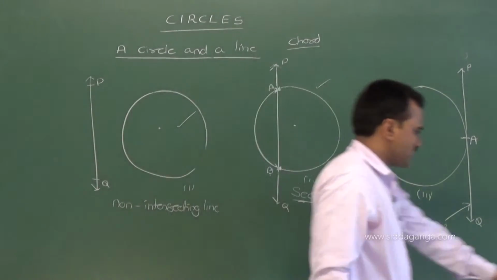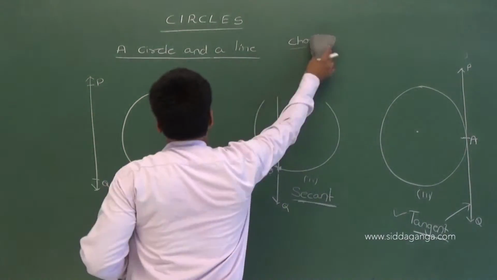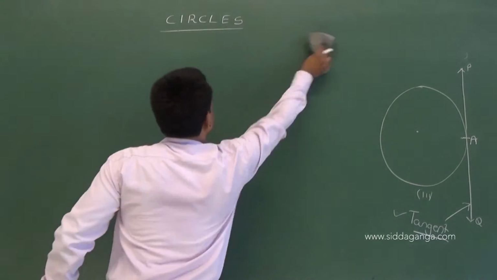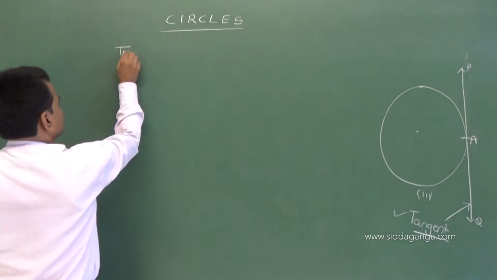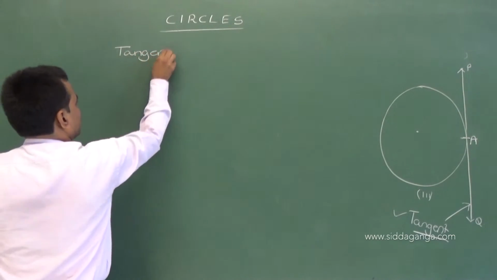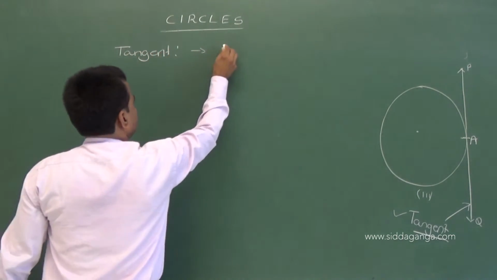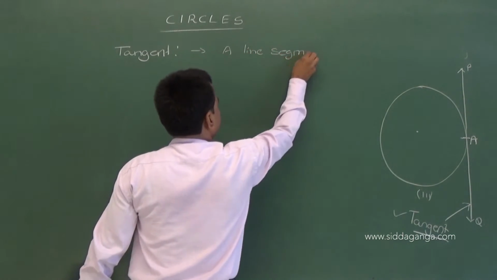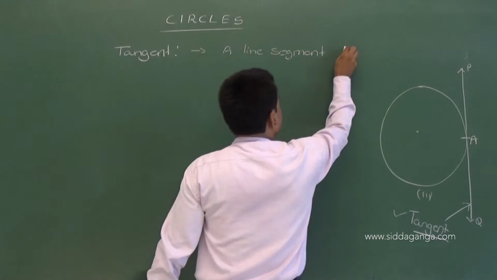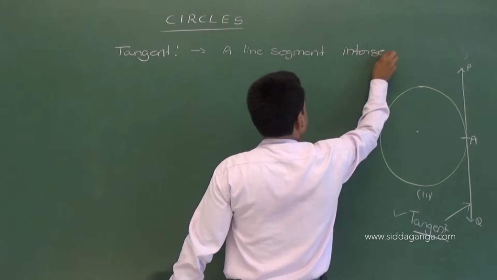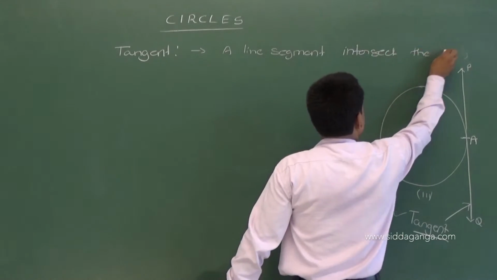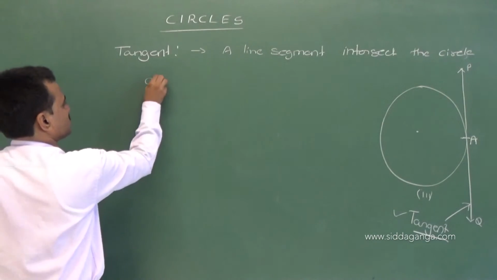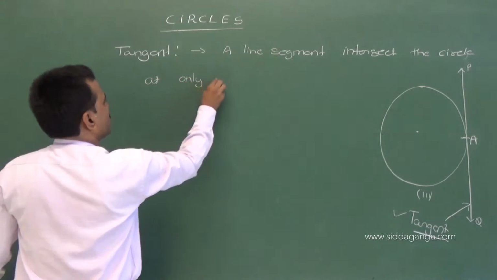So I have written here, tangent means, because this is very important, tangent means a line segment that intersects the circle at only one point.